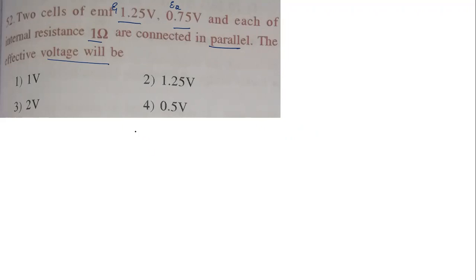Simple thing we are going to have. Since these two cells are connected in parallel combination, what is the effective internal resistance? It will be R by N because of parallel combination, and they are identical in resistance. So it will be 1 by 2, because there are 2 cells.